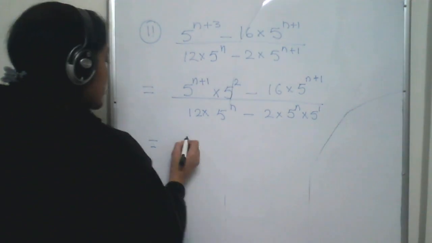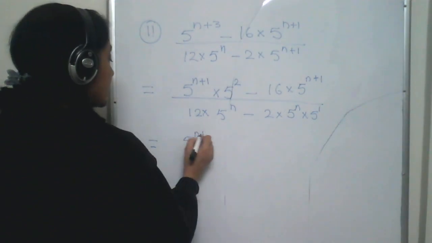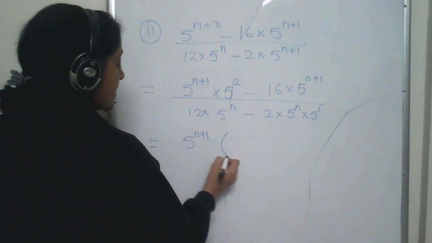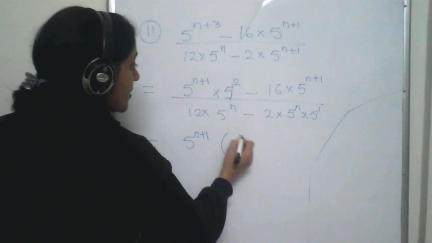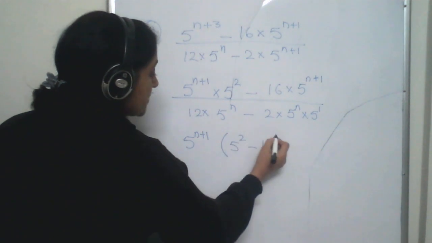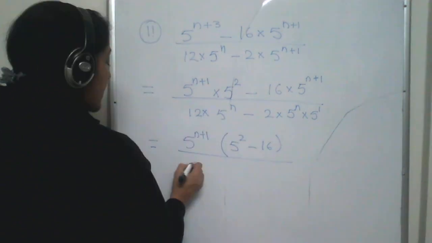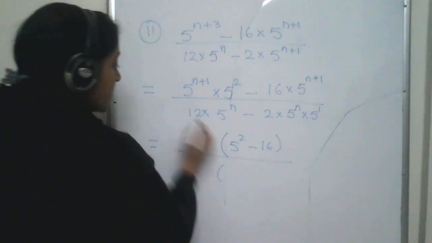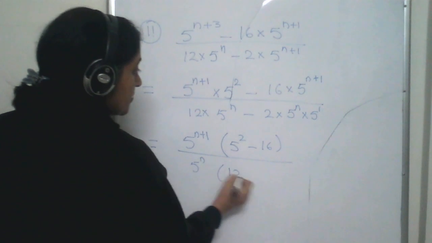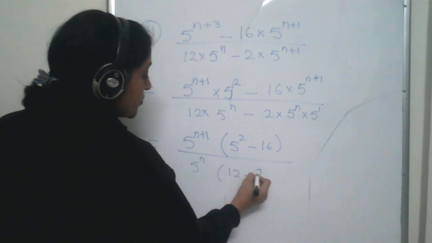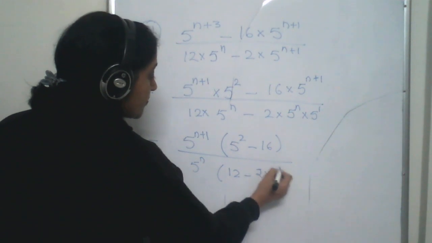Now first, 5 to the power n plus 1, I will take as common: 5 to the power 2 minus 16 I will get upon. Now here if I take 5 to the power n outside, what will I get? 12 minus 2 into 5 to the power 1.